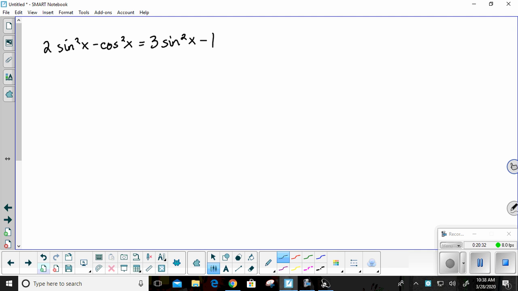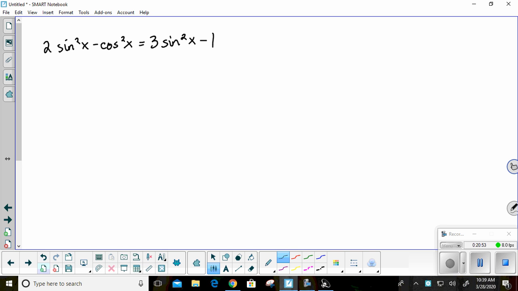Since the right-hand side of my equation is in nothing but sines, what occurred to me is that I need to manipulate the left-hand side to get it all in terms of sines. So the only way I know to do that is to substitute our trig identity in for cosine squared.